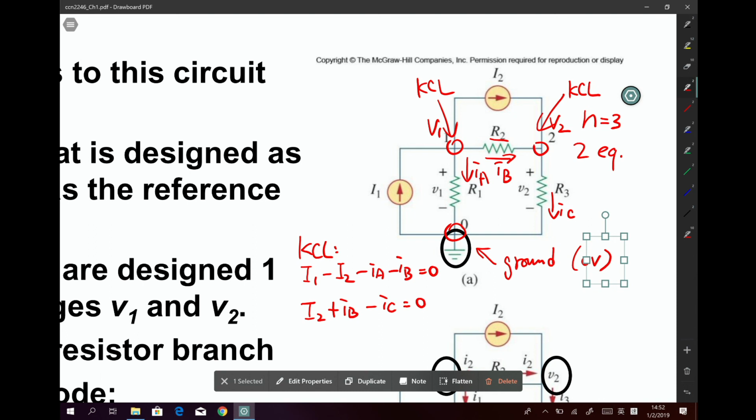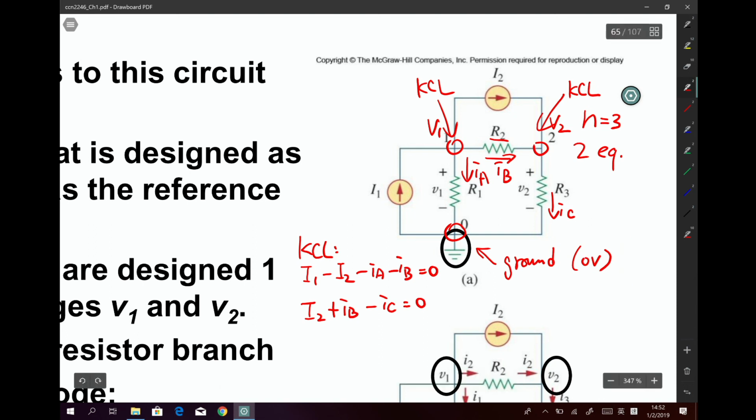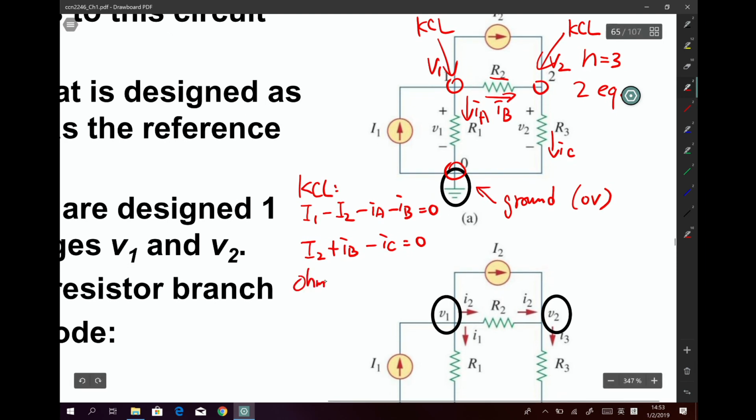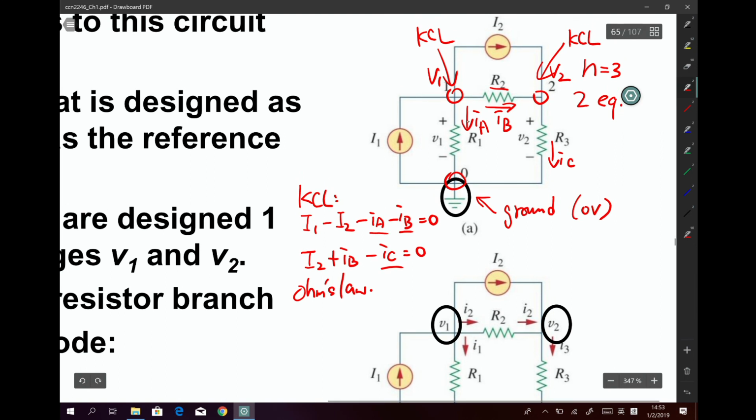Now this is only the KCL. And now you are going to replace the KCL by Ohm's law for each IA, IB, and IC. So now you can see IA. Now the current is flowing from V1 to 0 volt.